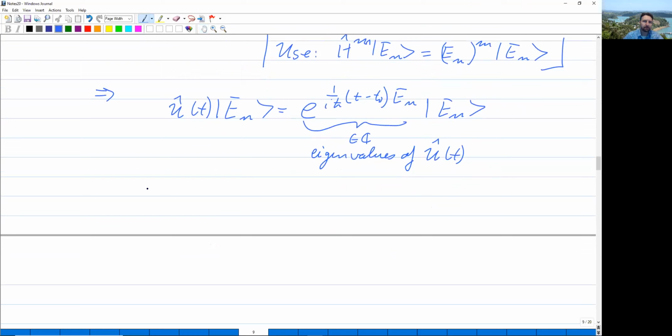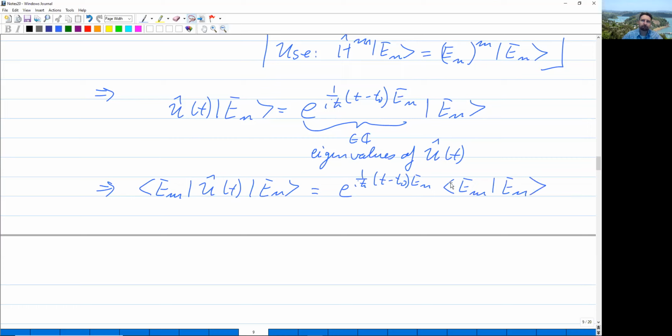And therefore we have that if we apply Em u hat of t En, so if you want to know what are the matrix elements of the time evolution operator in the eigenbasis of the Hamiltonian, then we obtain that this is e to the power of 1 over i h bar t minus t naught En, and then it's En.